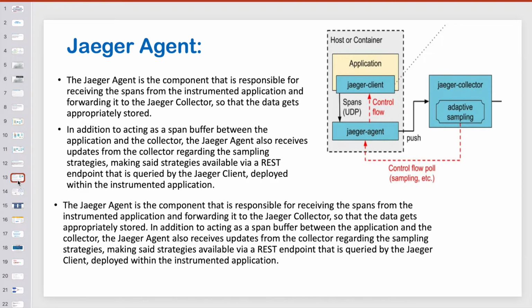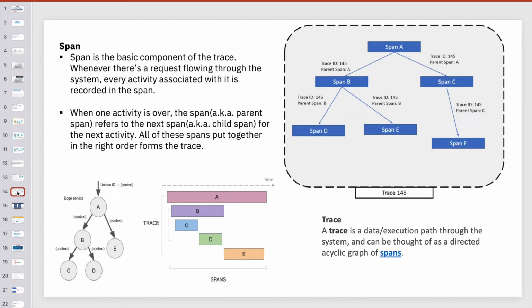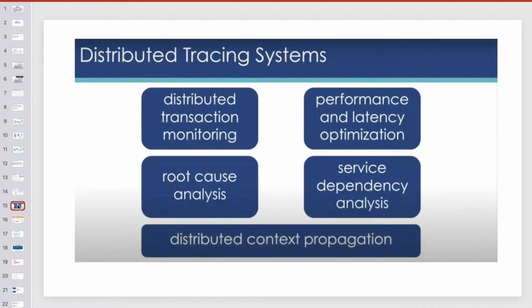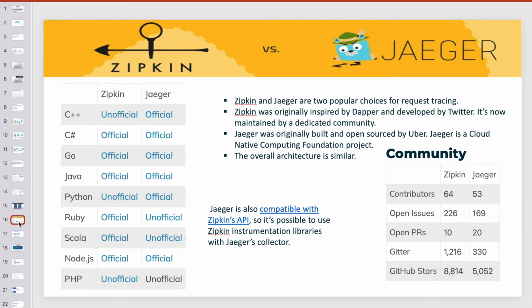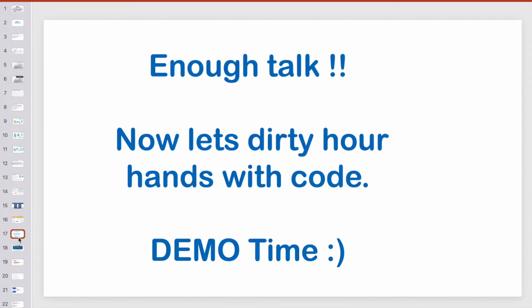I talked a little about the Jaeger agent, what it is, and how it takes the data from your application and sends it to the collector, right? I explained these benefits. Then I talked about the difference between Jenkins and Jaeger.